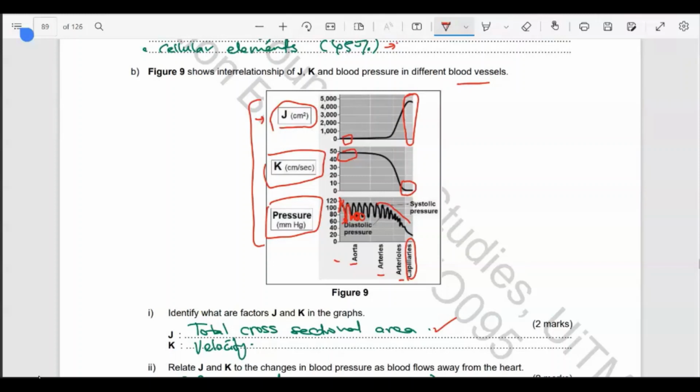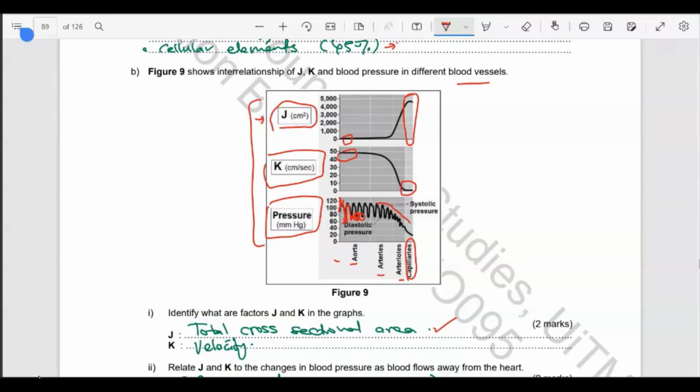Okay, so the blood has to flow with low velocity as the blood flows in the capillaries to make sure that there's efficient exchange of materials between the blood and also the tissue, the cells.